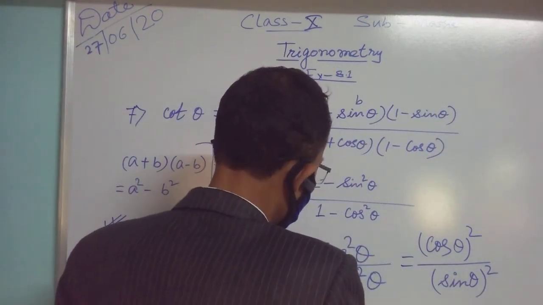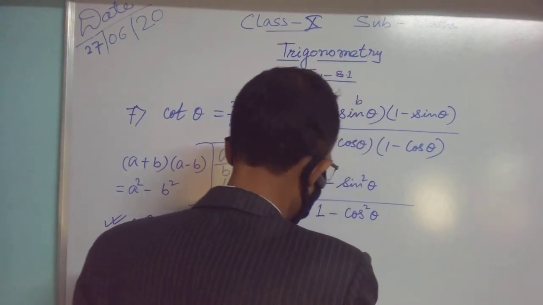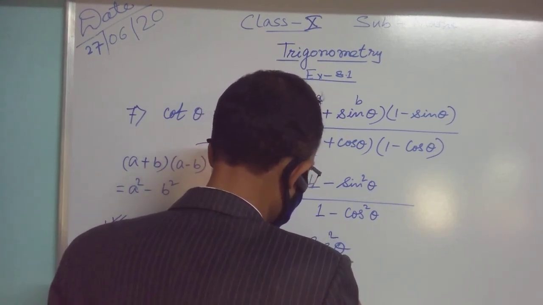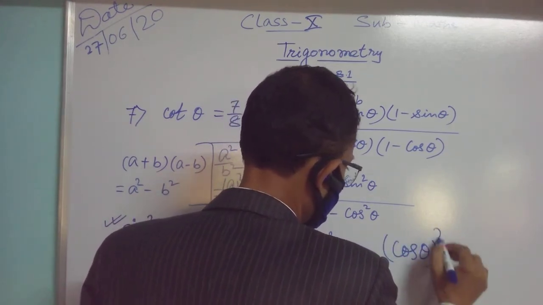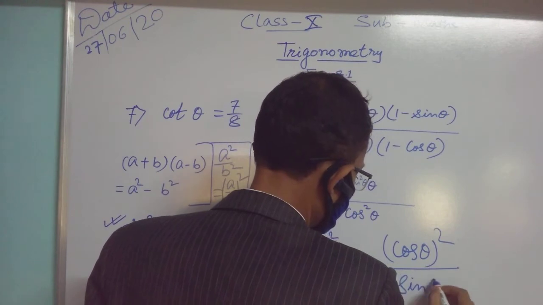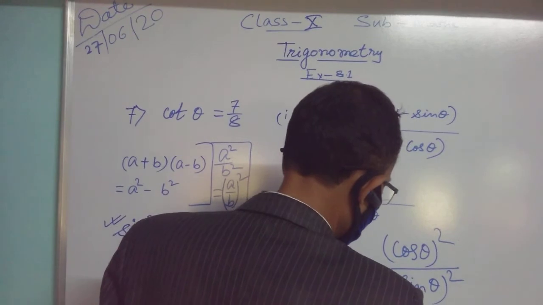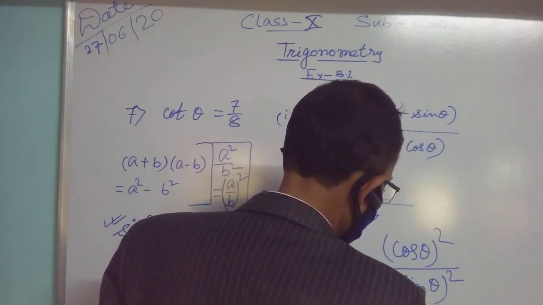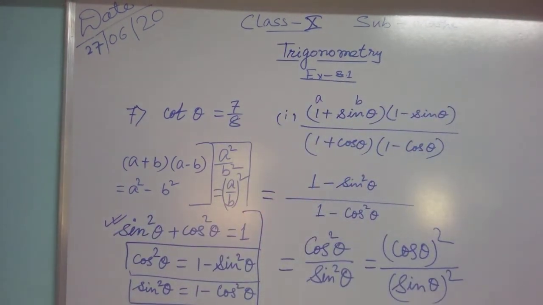We will write it as cos theta upon sin theta whole square.